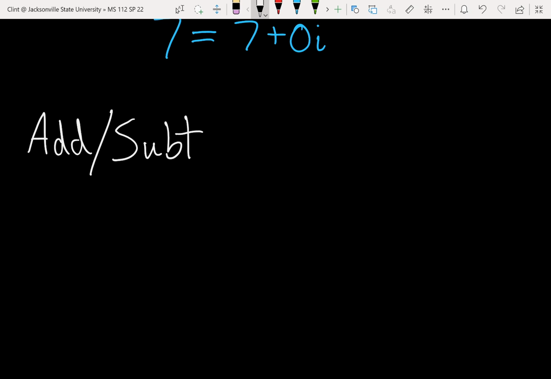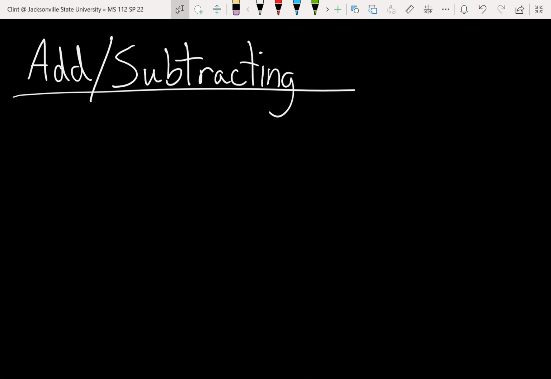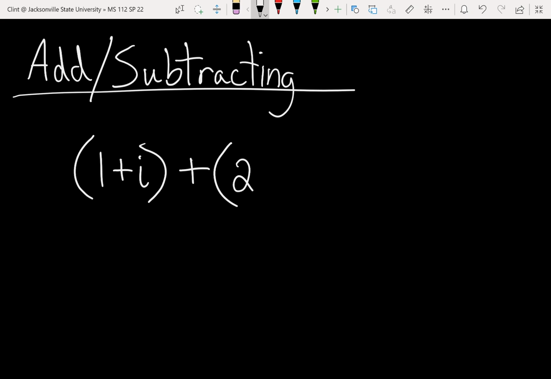Talk about adding and subtracting these. So we got 2 complex numbers, 1 + i. We're going to add that to another complex number, 2 - 3i. Two complex numbers. I want to add them together.